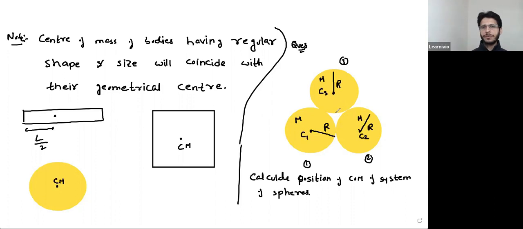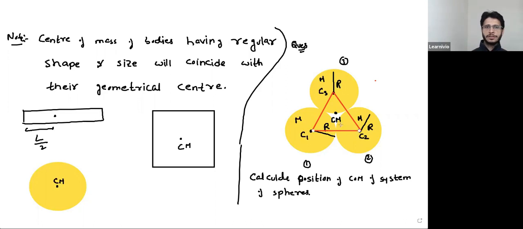Let's say that common center of mass lies somewhere. So to calculate that common center of mass, we'll use the same method. Once you replace these spheres by the point masses, these spheres will behave like a point mass. You have 3 spheres, or you can say that you have 3 point masses.